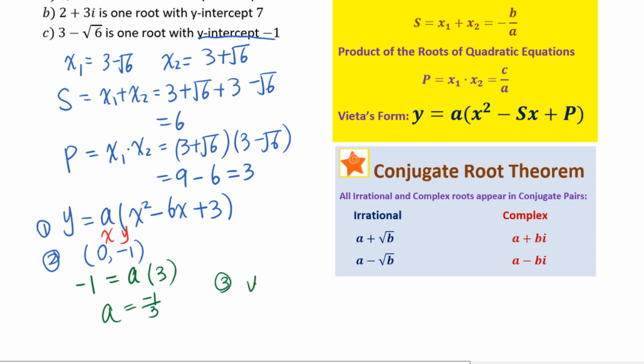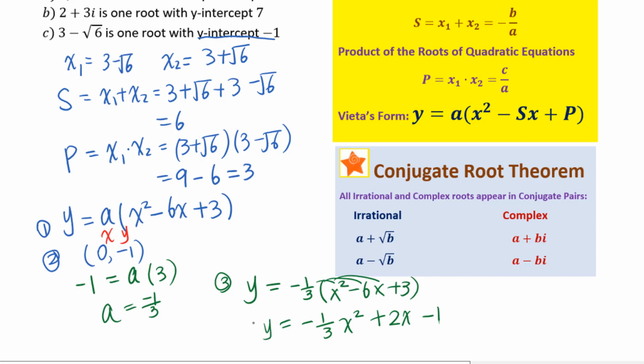Third step: y equals -1 over 3 times (x squared minus 6x plus 3). Then by the distributive property, it equals -1 over 3 x squared plus 2x minus 1. This will be the quadratic function we are looking for.